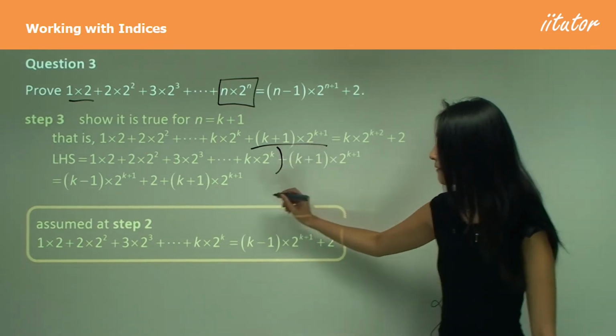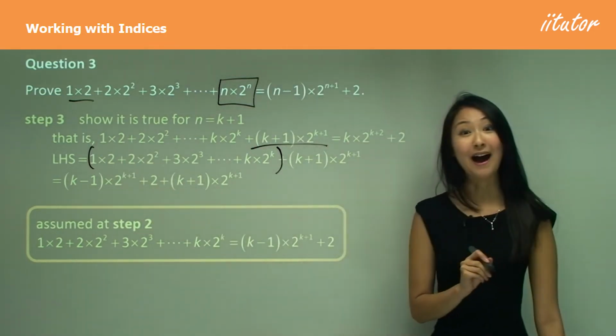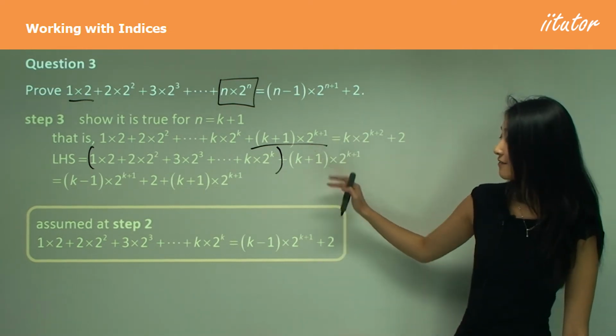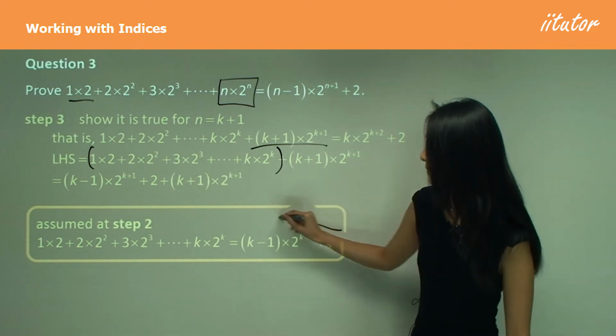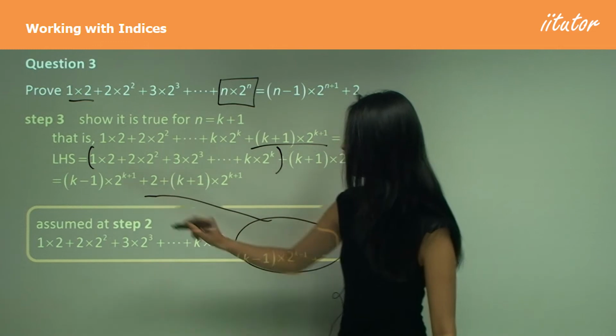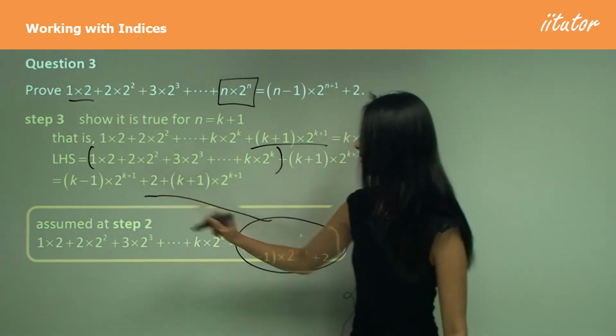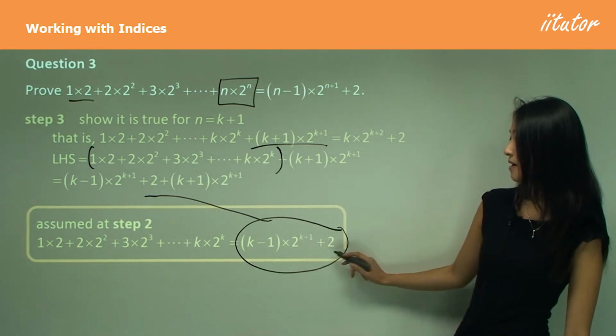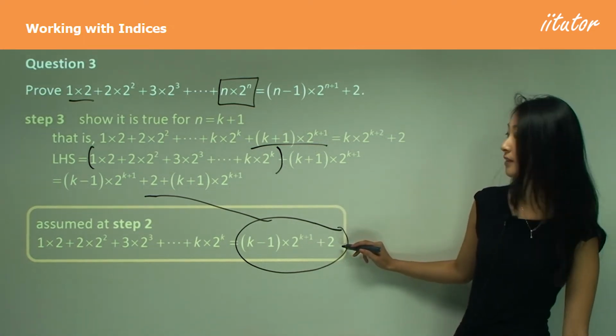And that's going to be this part, isn't it? Because that's before we added in the extra value. So instead of writing that, I'm just going to substitute this into here. Okay, so I've just substituted this in. So we have (k minus 1) times 2 to the power of k plus 1, plus 2, right?